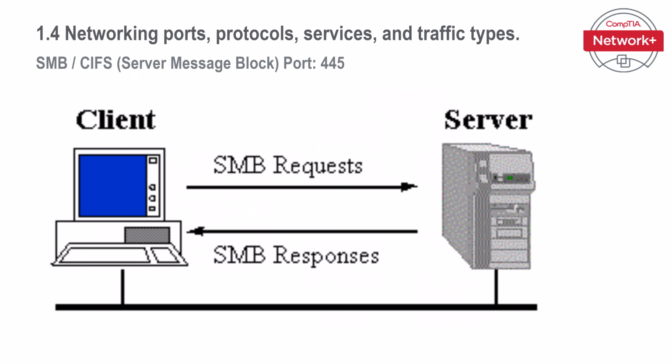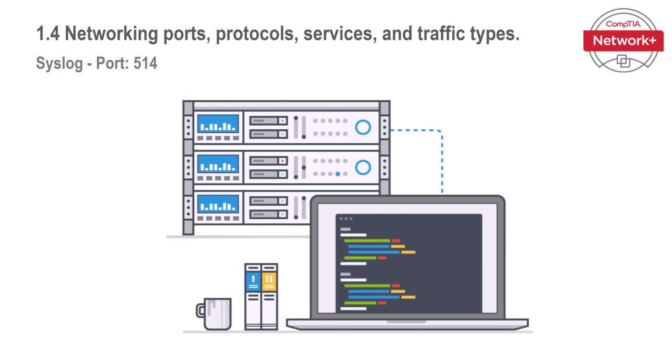Next one is Server Message Block, or SMB, which facilitates file and printer sharing between devices in a network. This protocol is commonly used in Windows environments and operates on port 445. Syslog is a protocol used for logging system messages and collecting event logs from network devices. It runs on port 514 and helps administrators monitor network events and troubleshoot issues effectively.